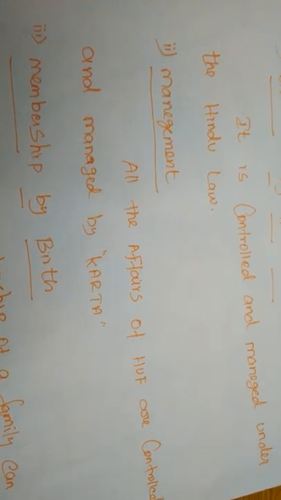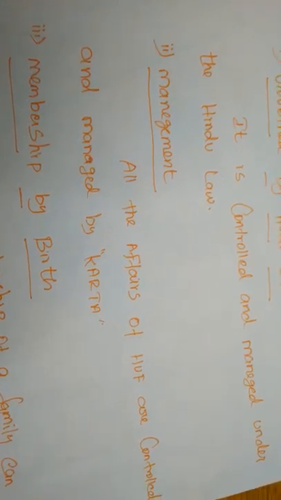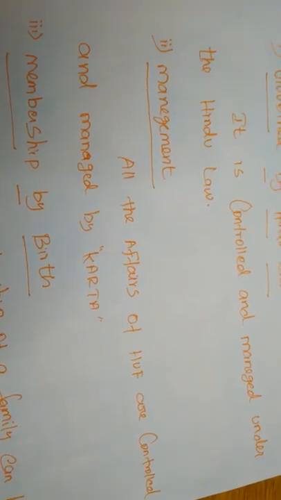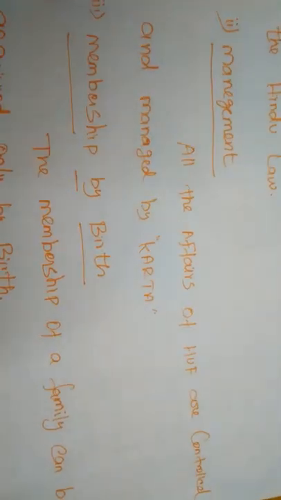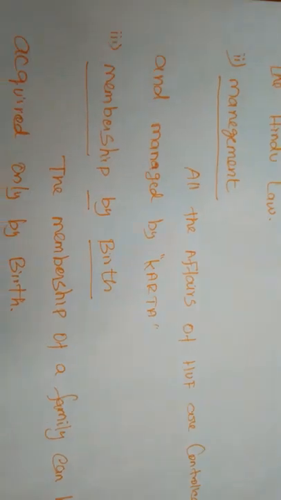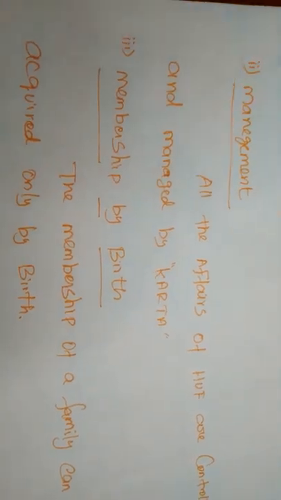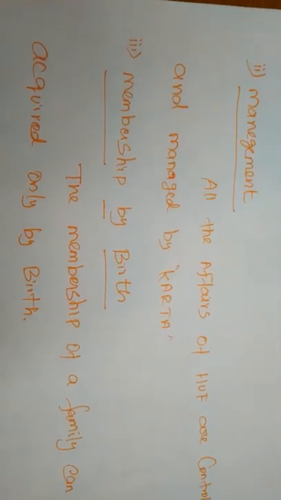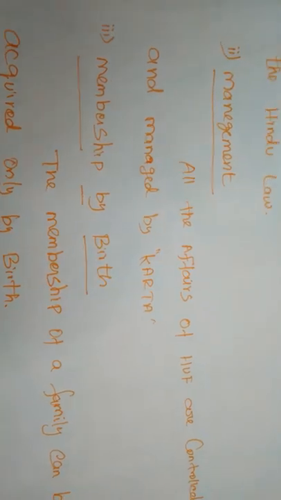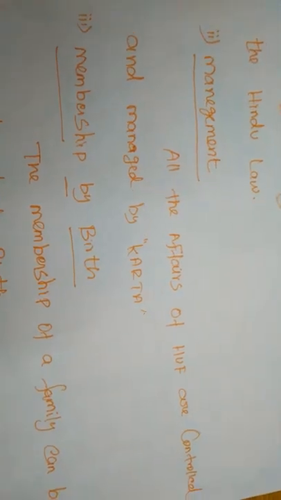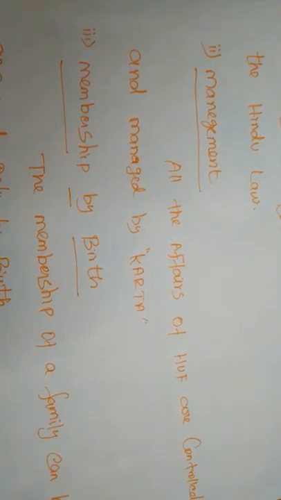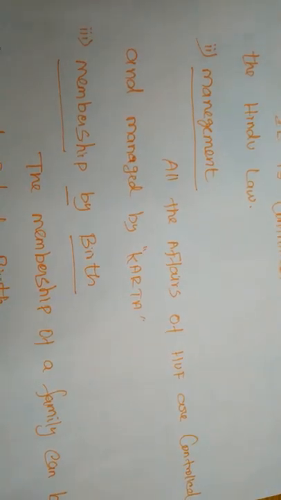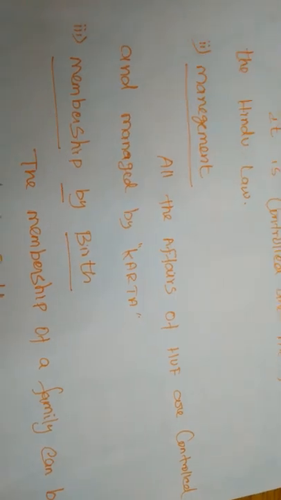The members of the family have full faith and confidence in the Karta, even if he takes any decision related to their business organization. If he makes a contract with other persons, or extends or reduces the business organization, everything is decided only by the Karta, and all other members have faith and confidence in him.